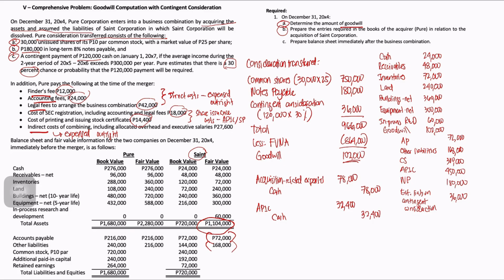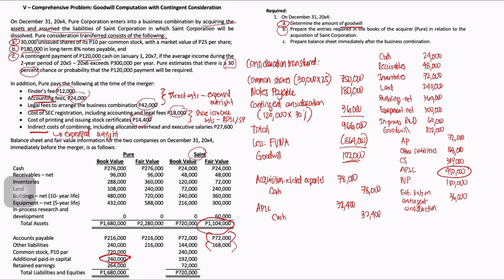Observe that our APIC is enough to absorb the share issuance costs. So far, the APIC of the parent is 240 plus 450. Hence, there is enough APIC to absorb the share issuance costs.